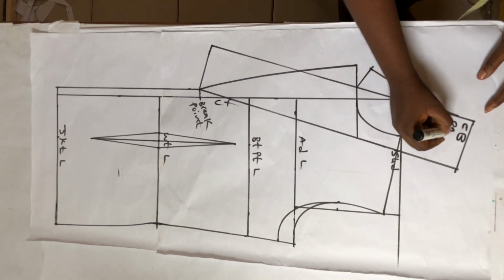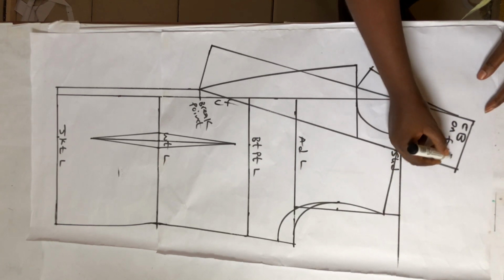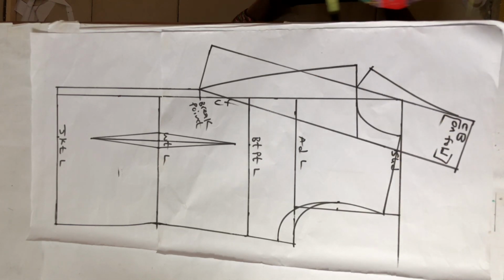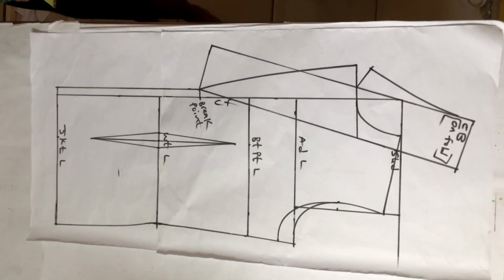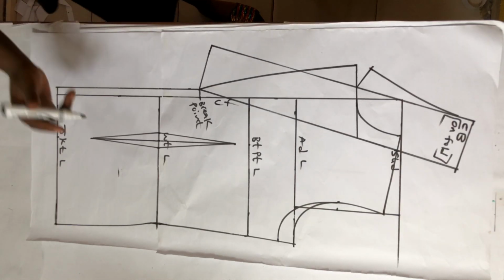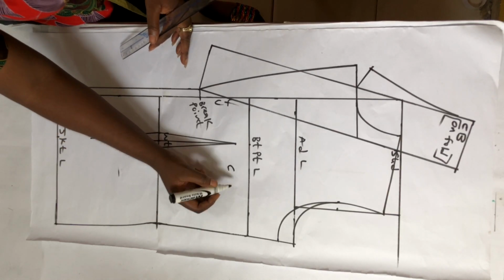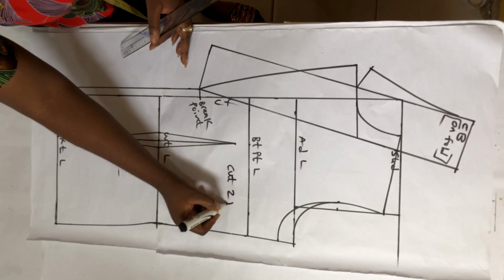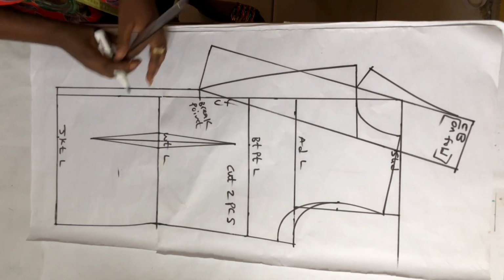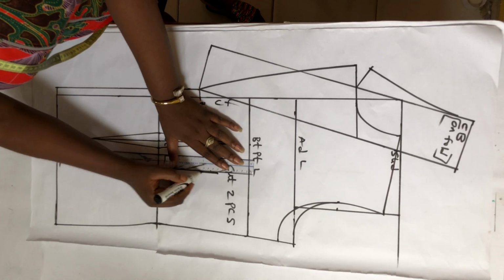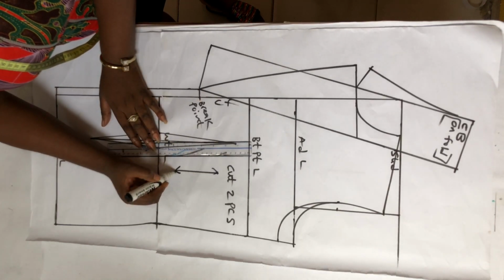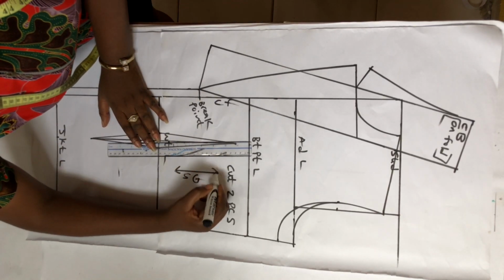This is my center back and it's going to be on fold. I'm going to cut 2 pieces of this, and this is my grain line, my straight grain.